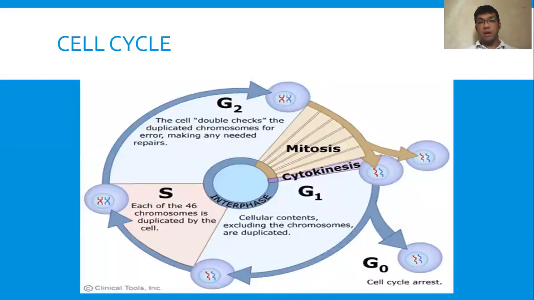Now we talk about the cell cycle. In the cell cycle, it's most important for us to understand this in order to know the nature or the different natures of the antineoplastic agents. As we all well know, all the cells of the body, including the cancer cells, undergo the cell cycle.